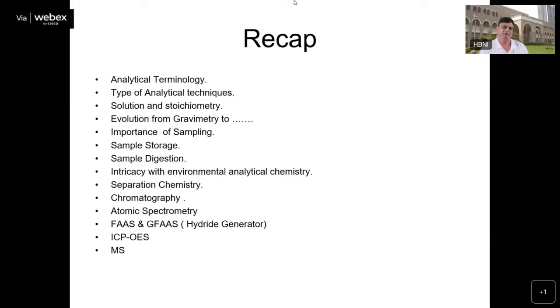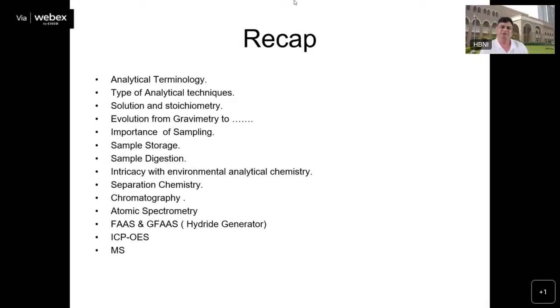But generally, we bring the sample to the laboratory and keep it for some time. So during this process of transportation and storing, we should not lose the element of interest, and especially this is true for a volatile element. Also, because of the walls of the container, the element of interest may sometimes get absorbed or adsorbed, or sometimes many things will come from the container also. So that's why it is very important.